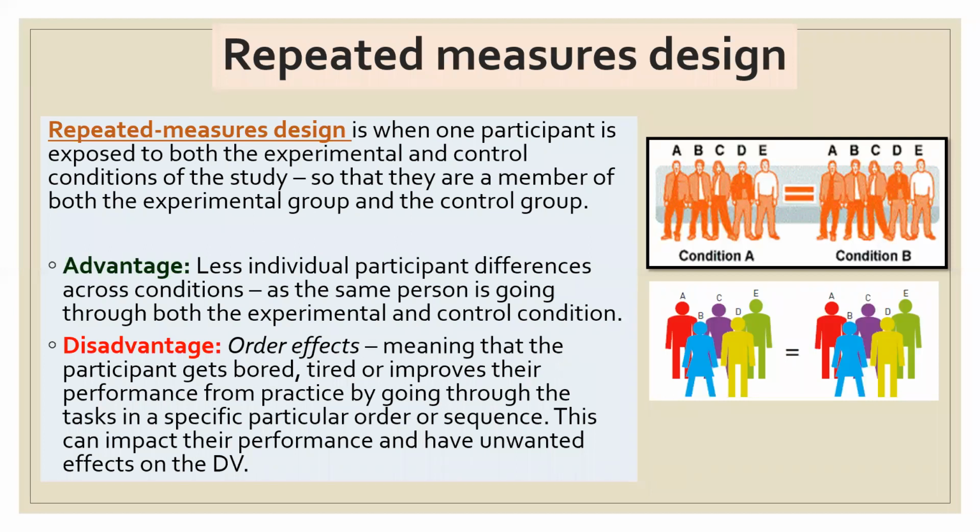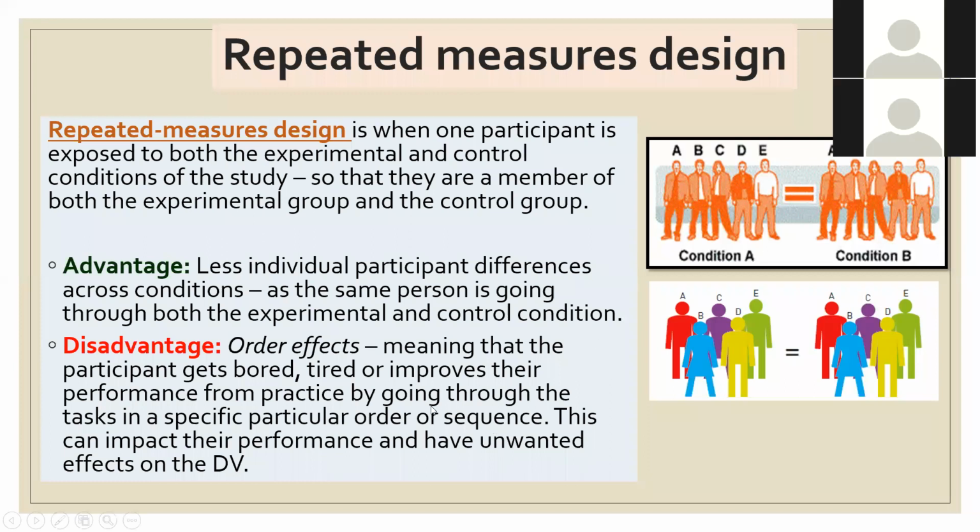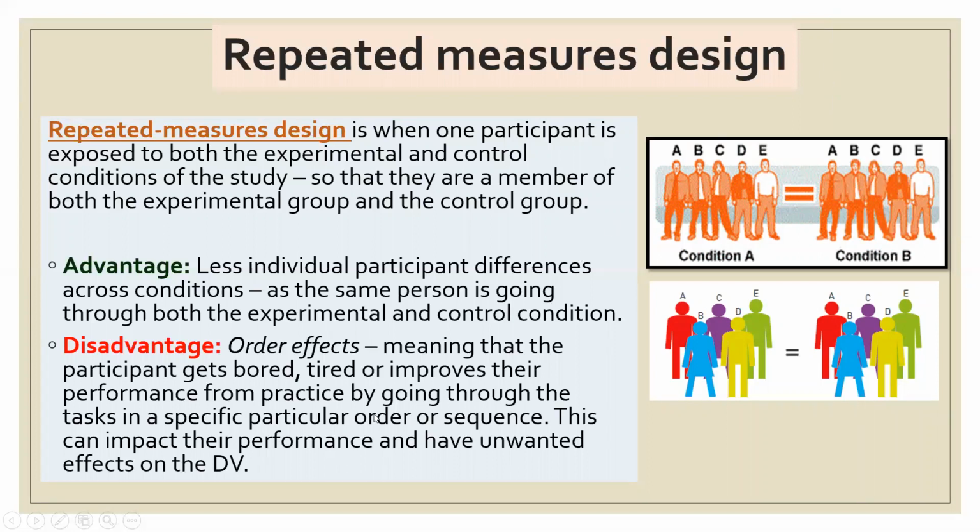So if there's an indication there, or if you cannot clearly pinpoint a separate independent experimental group and a separate independent control group, and they kind of look like they're merging into one, or the same person is going through both conditions, that is going to be an example of repeated measures design. Okay. And obviously, if you are asked in a question like that, what is the potential confounding variable, that would then be order effects. So you can talk about that.